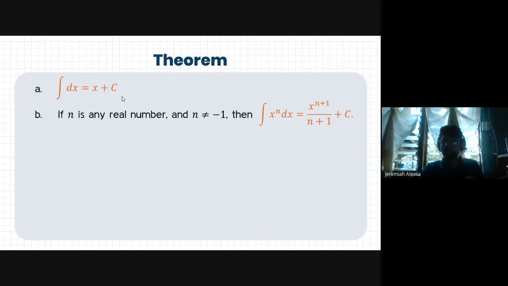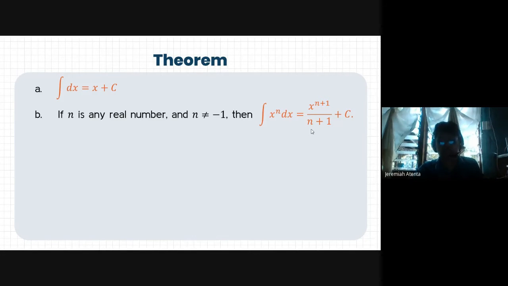Second, for the power rule. If n is any real number and n is not equal to -1, so the power rule here will not hold when your n is equal to -1. Then, the integral of x to the n with respect to x is equal to x to the n plus 1 all over n plus 1. Kanina sa activity 1 natin, you don't know the theorem that you had applied.